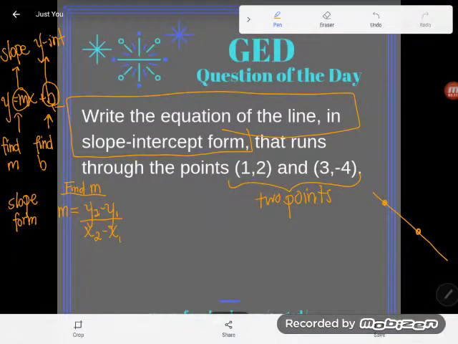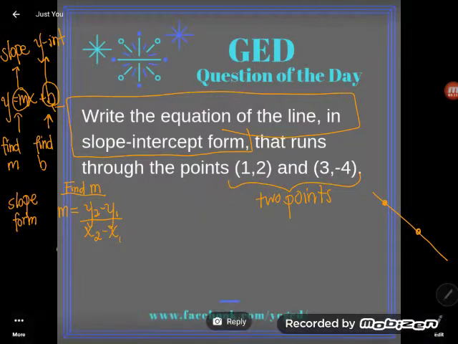We'll subtract our y's to figure out how much our y values changed by. That's the rise. Then we'll subtract our x's to find out how much our x's changed by. That's the run. You've maybe even heard slope called rise over run.